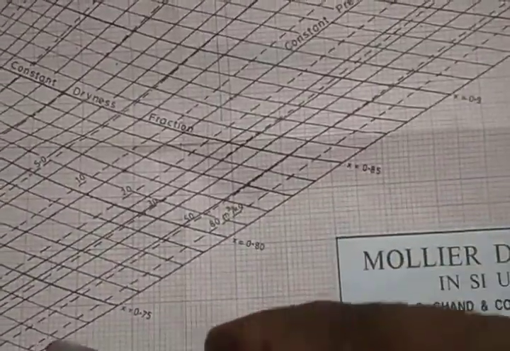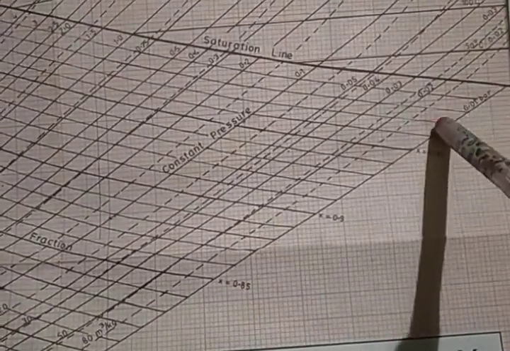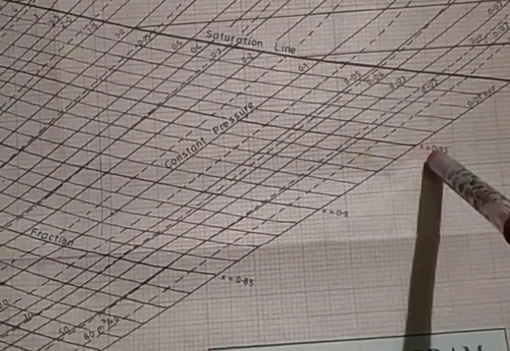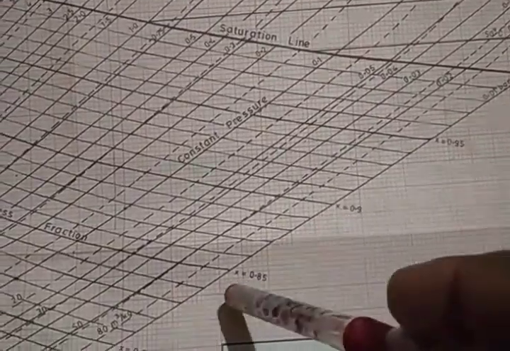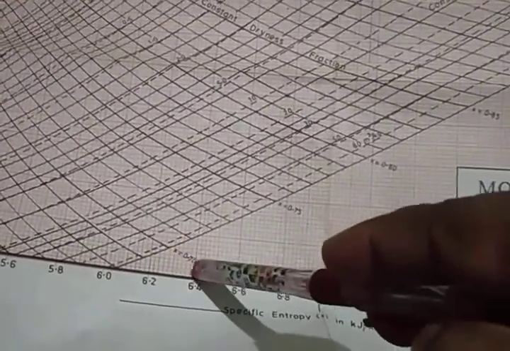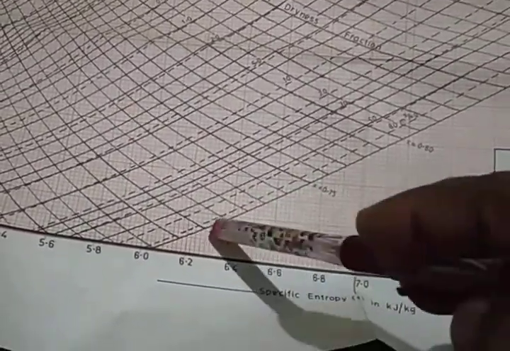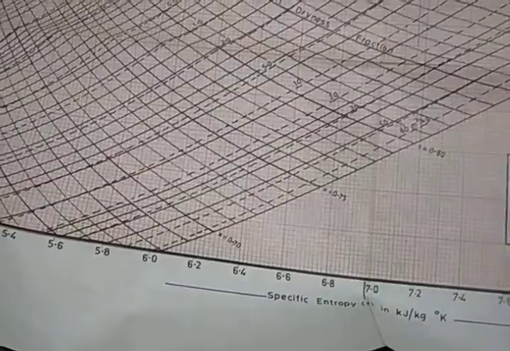That is what is given here. You can see these values. That is 100%, then 1, 2, 3, 4, and then fifth, that is 0.95, 0.90, 0.85, 0.80, 0.75, and 0.70. So between 0.70 and 0.75 we have 1, 2, 3, 4 lines. That is, it is divided among 5.